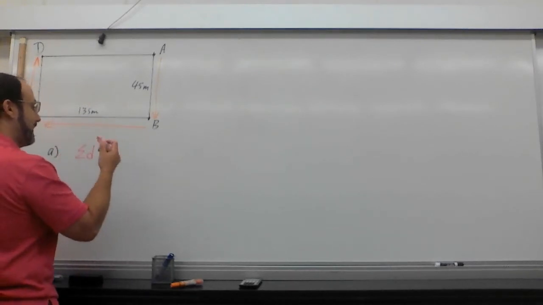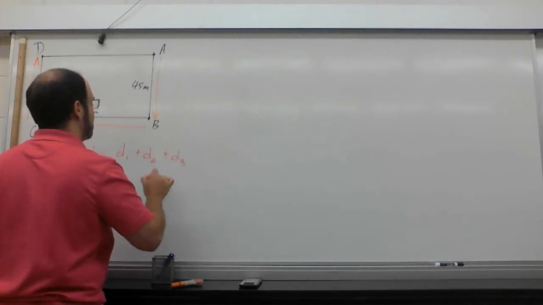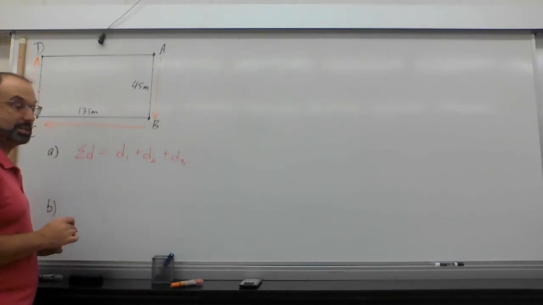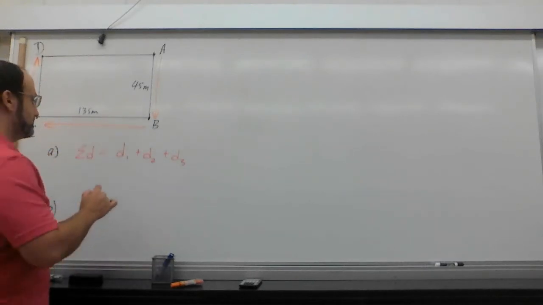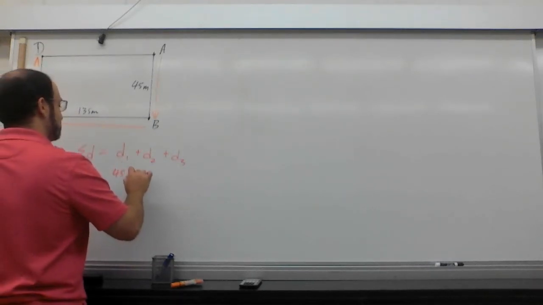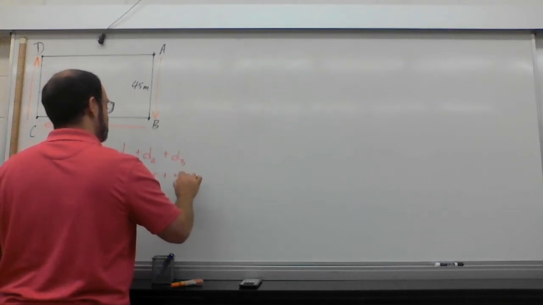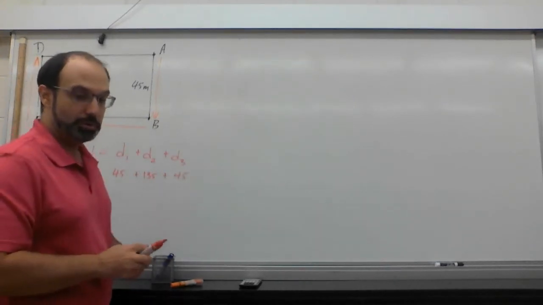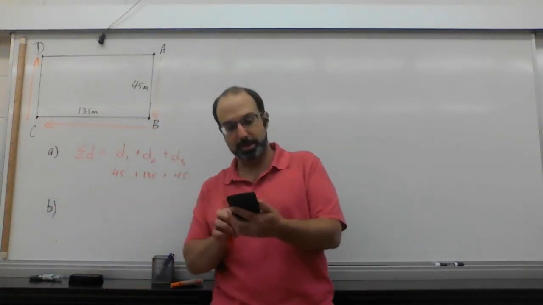Sigma meaning sum or add, D1, D2, D3. In this case, there's literally 3 possible Ds. D1, of course, is going to be 45. D2 is going to be 135. D3 is 45.